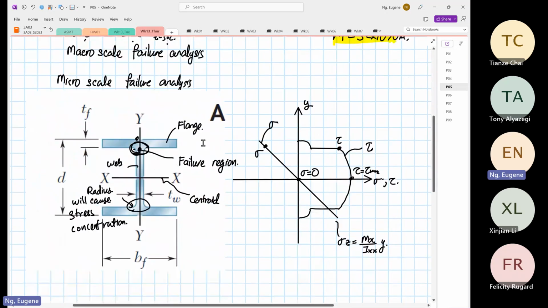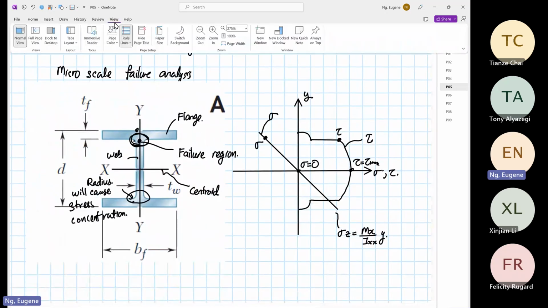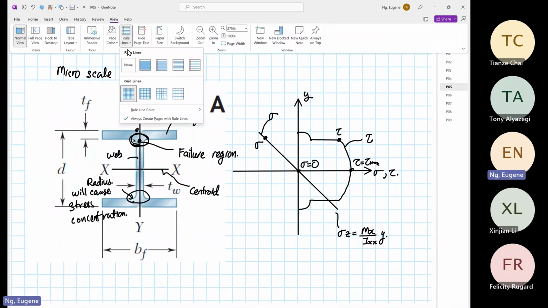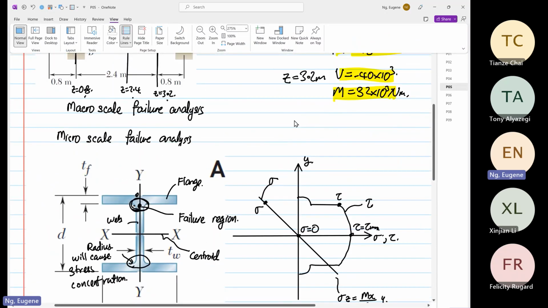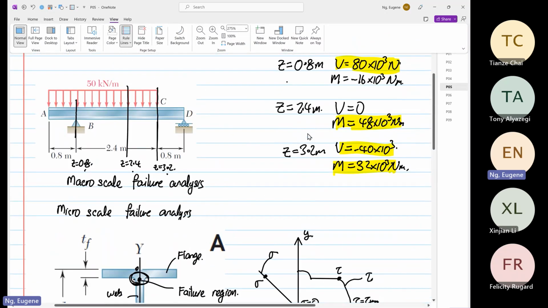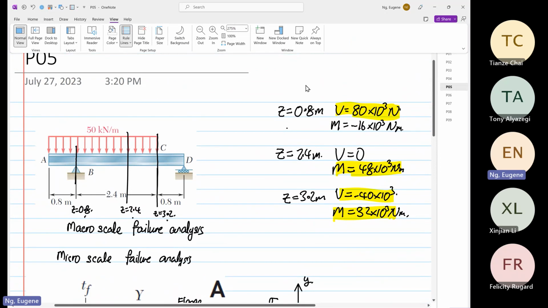So from here we know the values, and we are going to calculate. We are going to pick one combination. I'm going to pick where z is equal to 0.8 first.